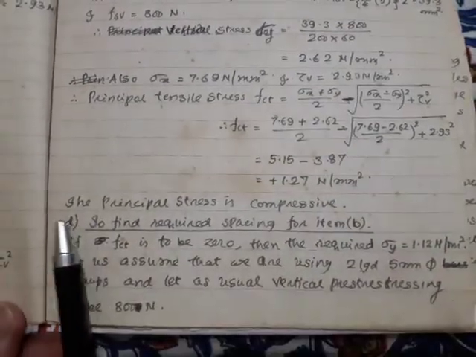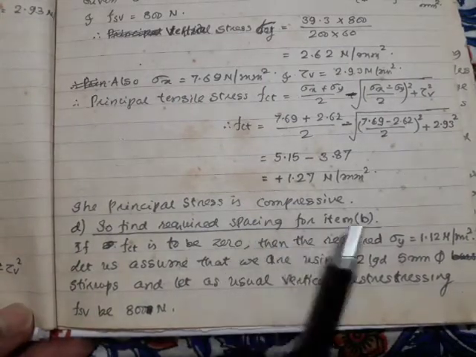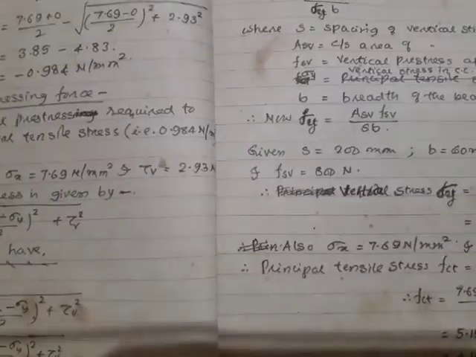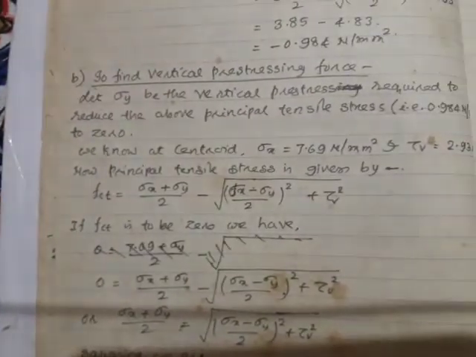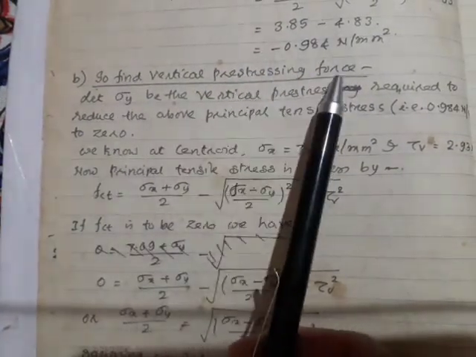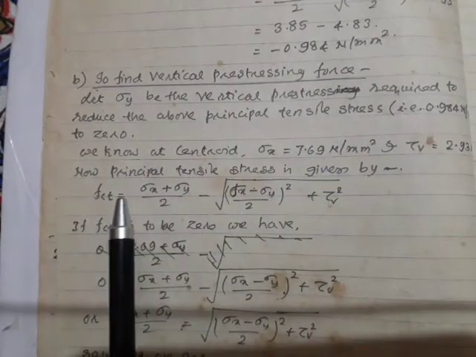And the last thing he has asked is to find the required spacing for item B. Item B was to find the vertical pre-stressing force to make this FCT equal to 0.